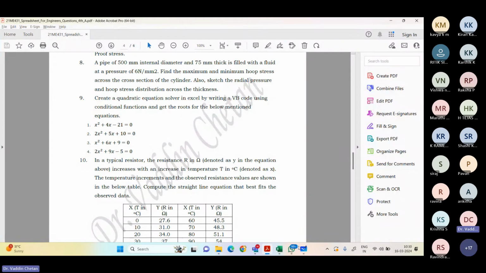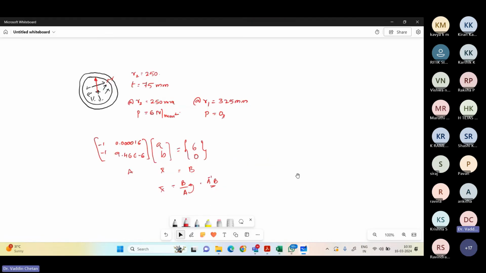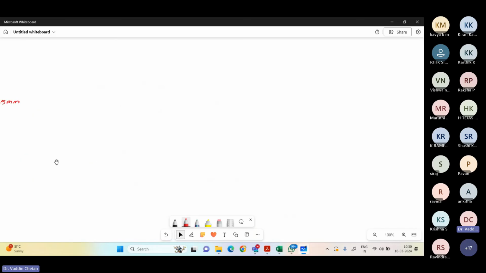So before going to this, we need to understand the basics of quadratic equation. The quadratic equation is given by ax square plus bx plus c, which will be having two roots. Again, we have different conditions for that, right?